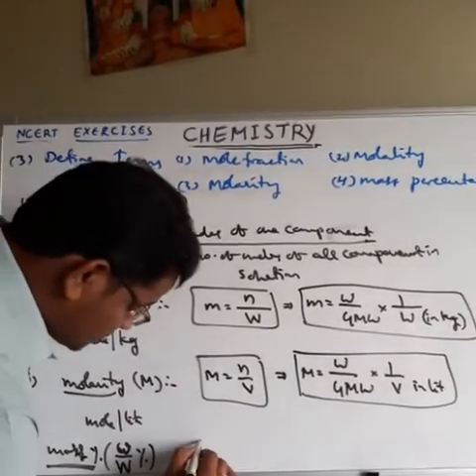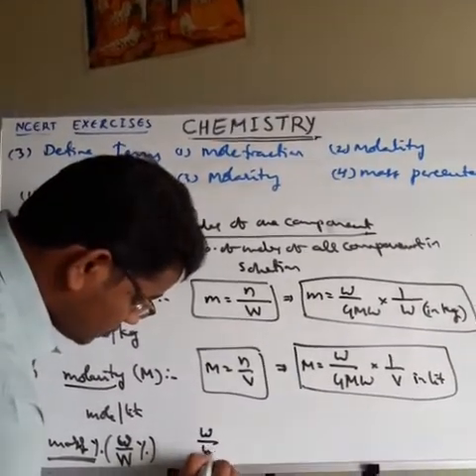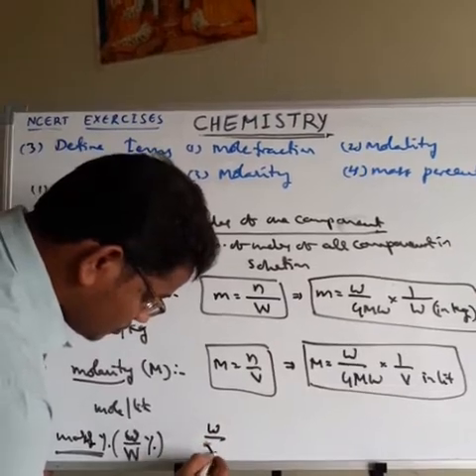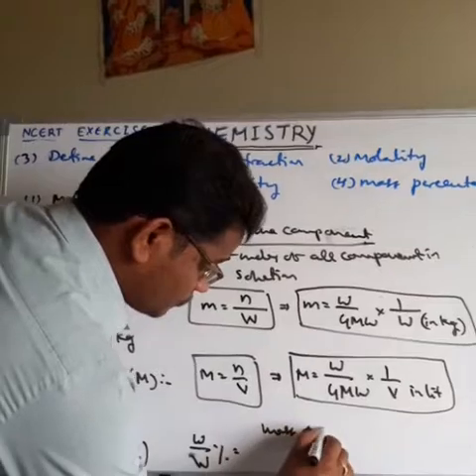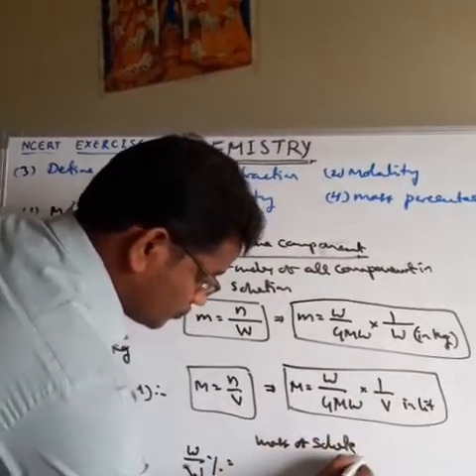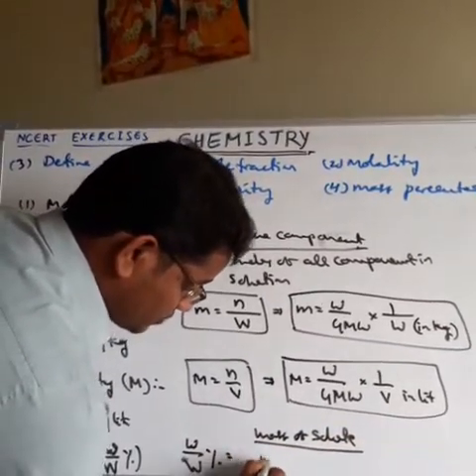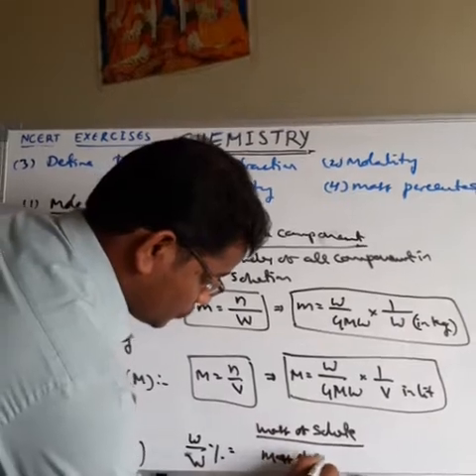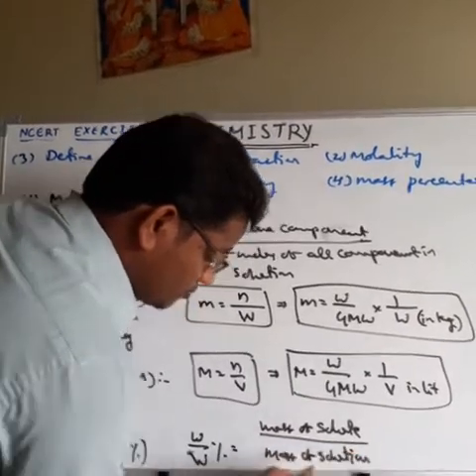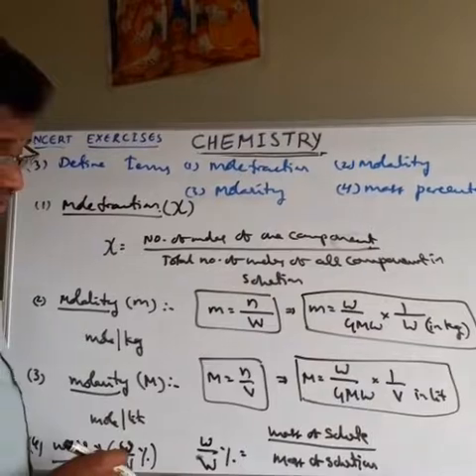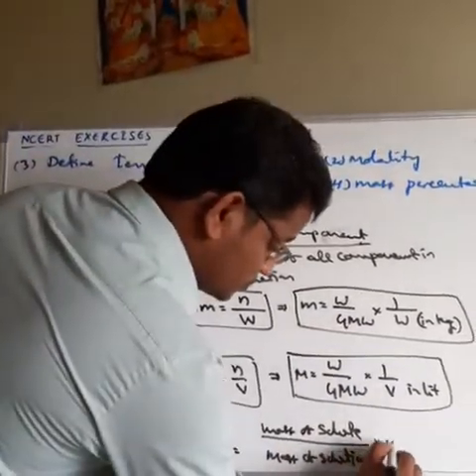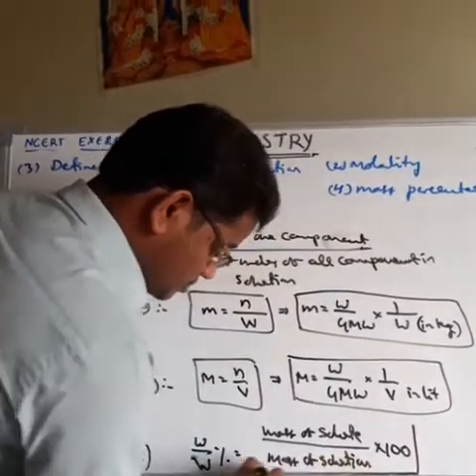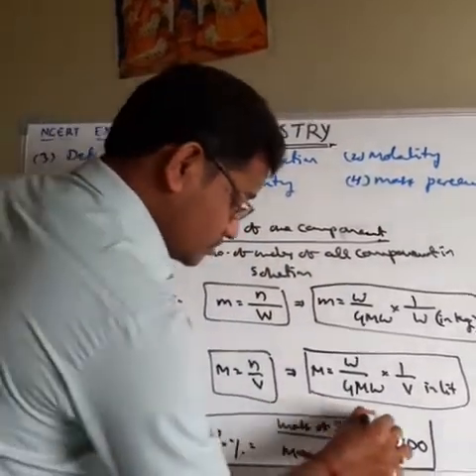Mass percentage is equal to mass of solute divided by mass of solution, that is, the mass of the solute in grams present in 100 grams of the solution.